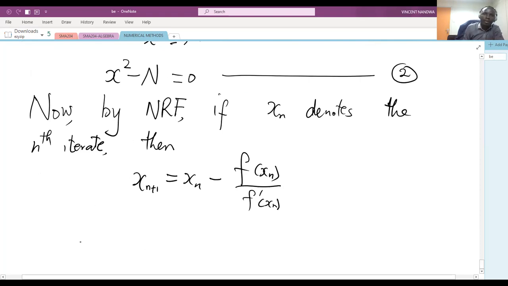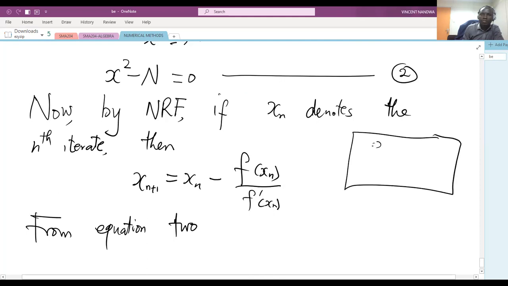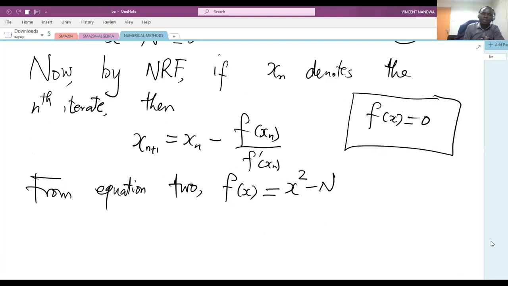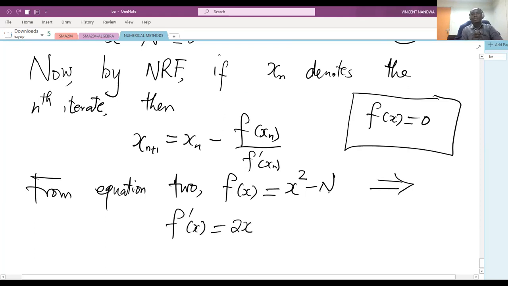So from equation 2, remember this is the formula for solving equations of the form f of x equals 0. f of x is given by x squared minus n, which means that f prime of x, when you differentiate this, is 2x. Remember, n is a constant, so its derivative is 0.